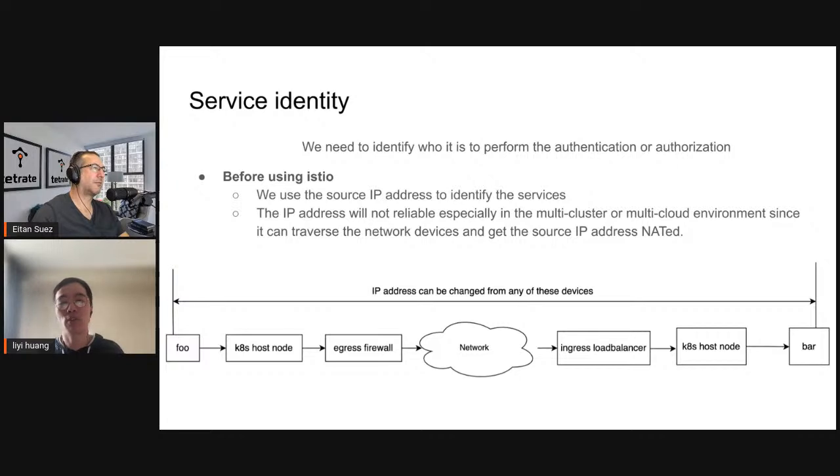You may have an ingress load balancer or another Kubernetes cluster where it can NAT your IP. So it's very hard for bar to use the IP address anymore to identify if that's foo or not. And that's the challenge before using Istio.